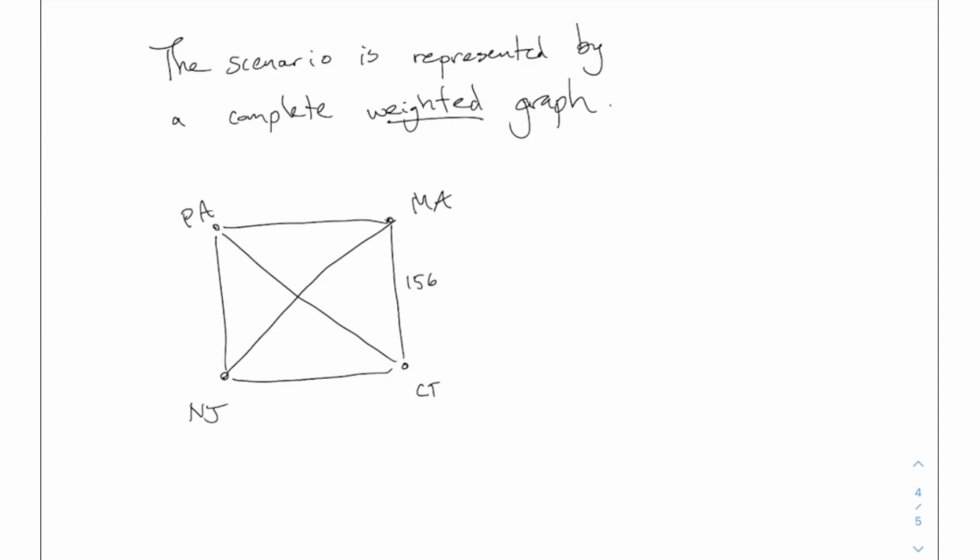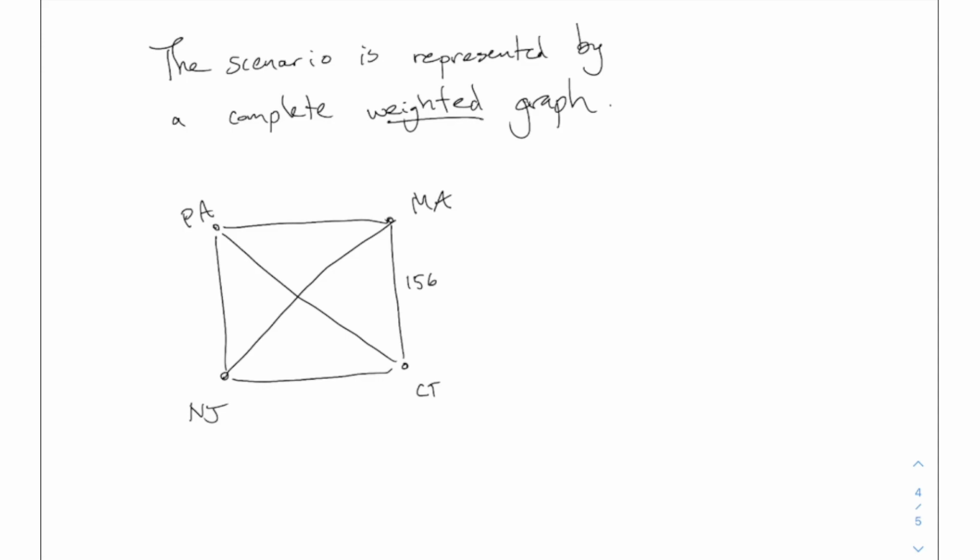It's 156 miles. So I'm going to just put that number on this edge. That means that this edge represents a distance which in reality is 156 miles. Even though I'm not trying to draw it in the same shape as the true road, that's the distance. I looked up the other numbers and I will tell you what they are.